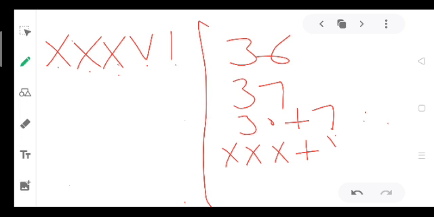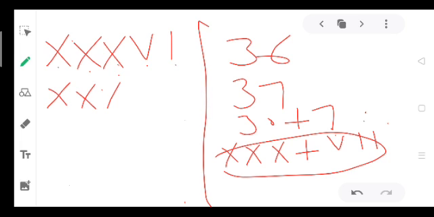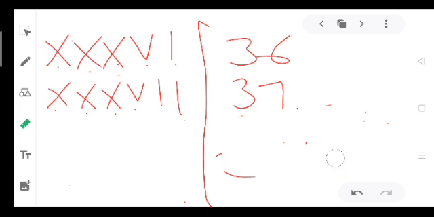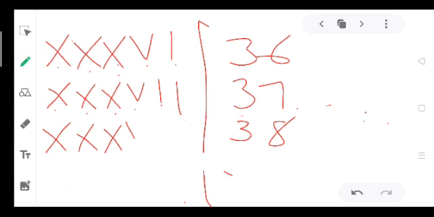So firstly 5 and then 2 times I. So it becomes XXXVII. 10, 20, 30, 35, 36, 37. 38: 3 times X, V. 35, 36, 37, 38.